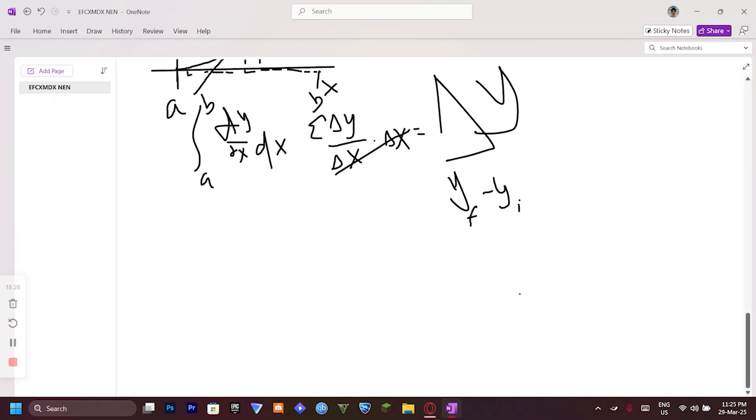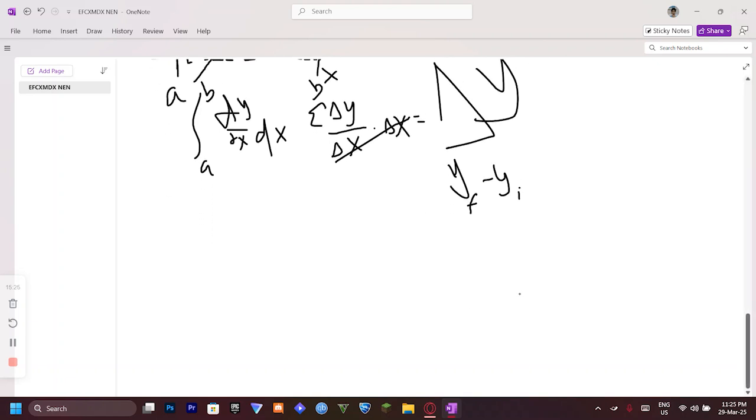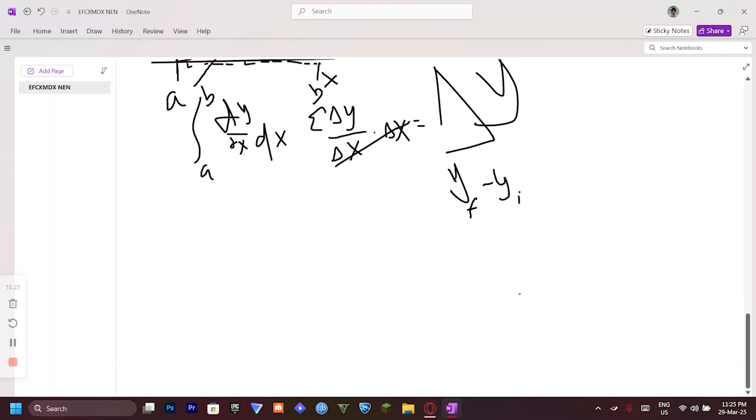This might look like your fundamental theorem of calculus.